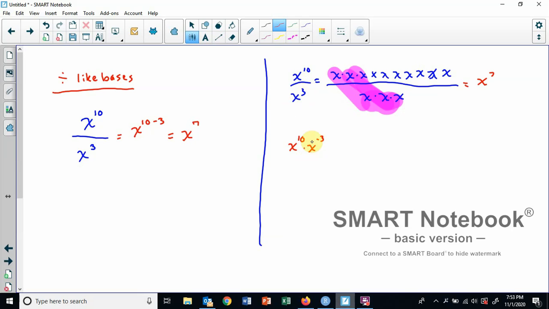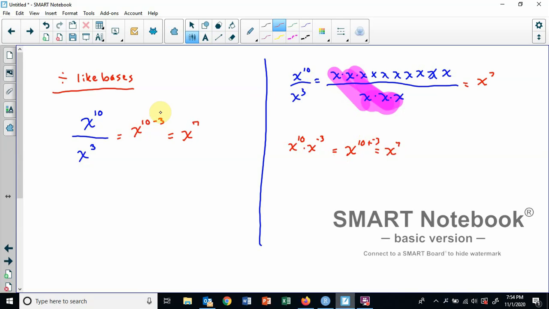Because moving this base up or down changes the sign. Now look what I have. I have 10 x's and negative 3 x's. That would be x to the 10 plus negative 3, which is the same thing as 10 minus 3, or x to the 7th. So you could just memorize the rule, but these are two kind of explorations of where the rule comes from. Okay?